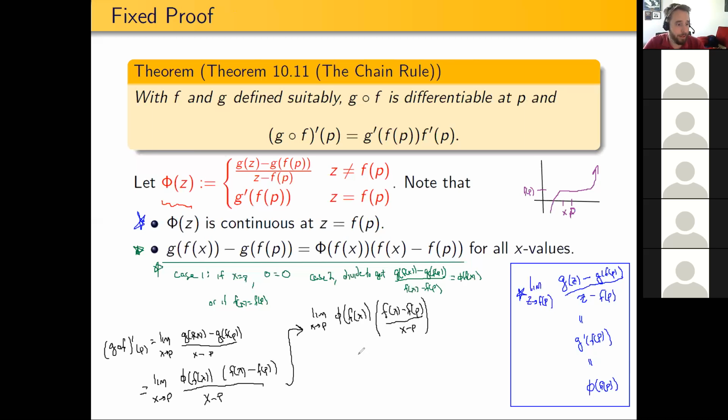According to our limit laws, we can now break this up into the limit as x goes to p of phi of f of x times the limit as x goes to p of f of x minus f of p over x minus p, provided that both of those limits exist.